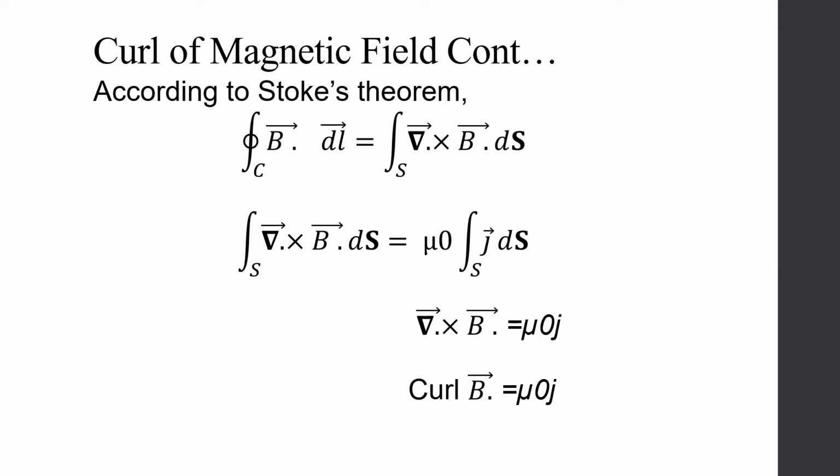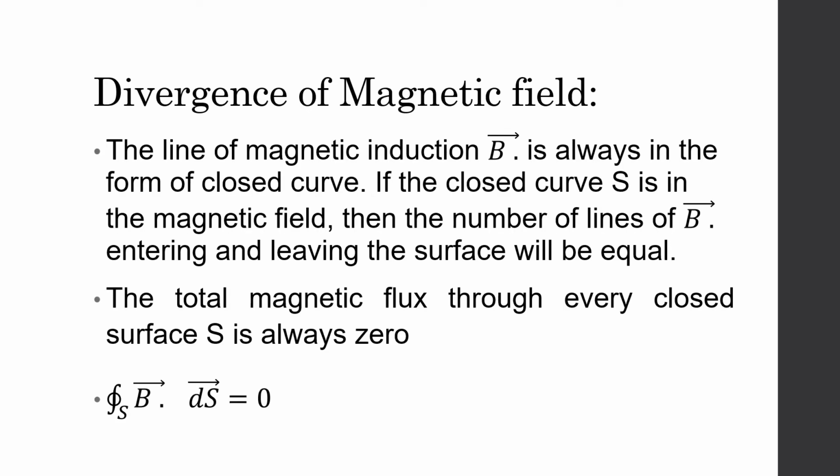Now let us study the divergence of magnetic field. We all know the lines of magnetic induction B are always in the form of closed curves. And suppose we imagine a closed surface S in the magnetic field, then the number of lines of B entering and leaving the surface will be equal.